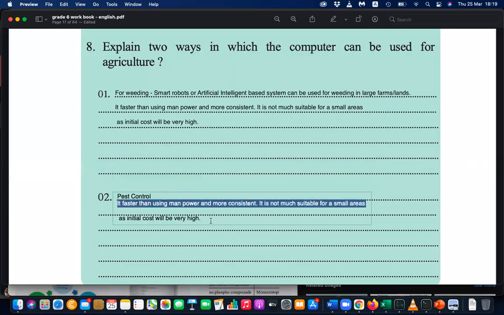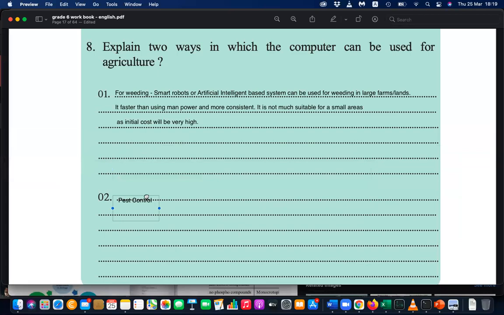So under pest control, please write down various sensors. Various sensors.